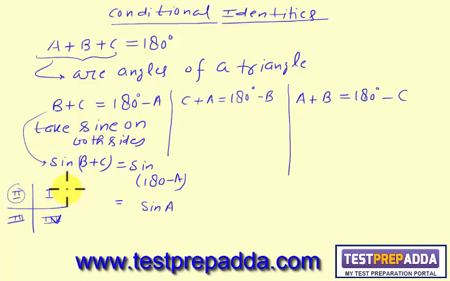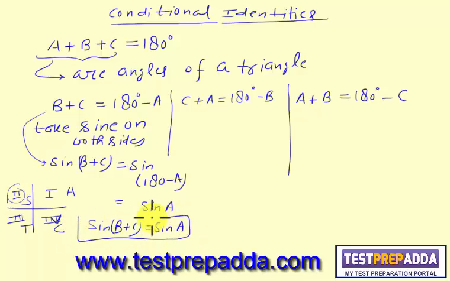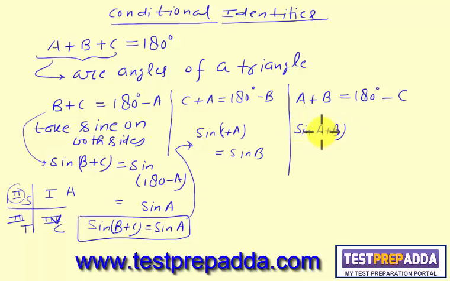And if you recall, after school to college, second quadrant sine is positive. That is why it will remain sine A. So sine B plus C comes as sine A. Similarly, what can we write here? Sine C plus A as sine B and sine A plus B as sine C.